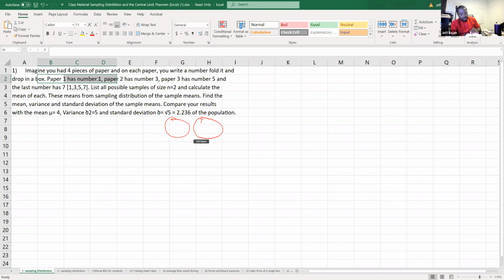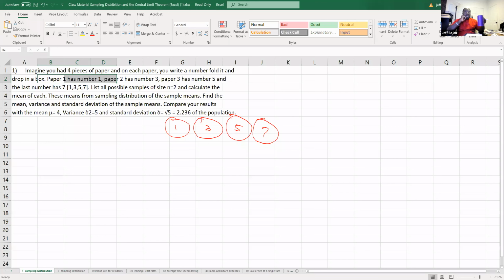So you have 4 papers, right? And when you have these 4 papers, on one of the papers you put 1, on the other one you put 3, the other one you put 5, the other one you put 7. You squeeze them all together, all 4 of them, and you drop it into a cup or a plate or anything, and you squish them.